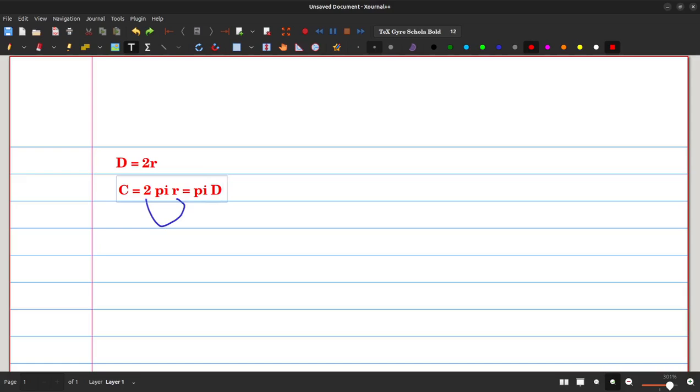So that's how you calculate the circumference of a circle. And then the area of a circle is nothing but pi times the radius squared. In terms of d, it's pi times the diameter over 2, all squared.